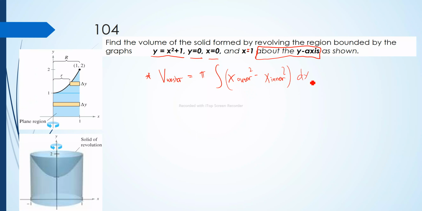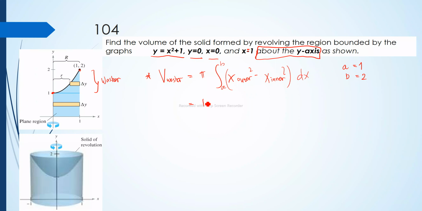What is our lower limit for the washer? The lower limit for the washer is 1. The upper limit is 2. So this is the limit for this specific area where the washer is used.